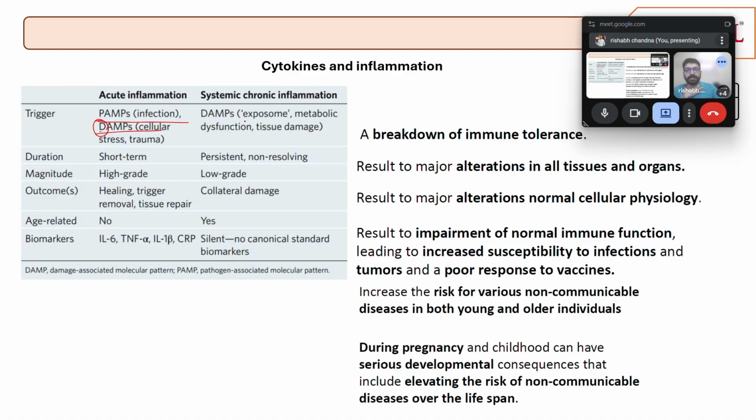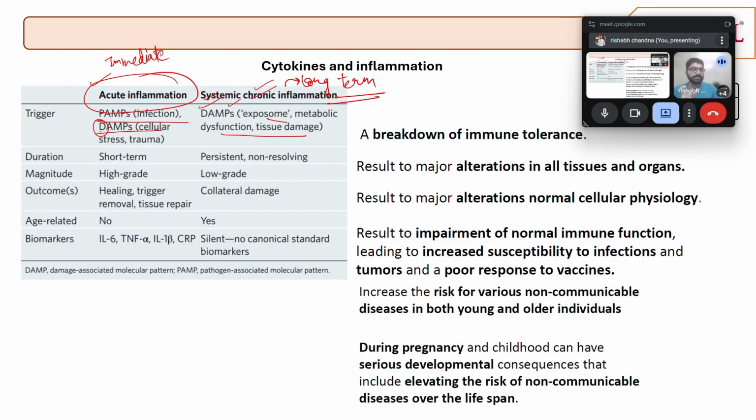Systemic chronic inflammation is due to exposomes, metabolic dysfunction, or tissue damage. Acute inflammation means immediate, and chronic means long term. So this is the trigger for the acute inflammation and this is the trigger for the chronic inflammation.